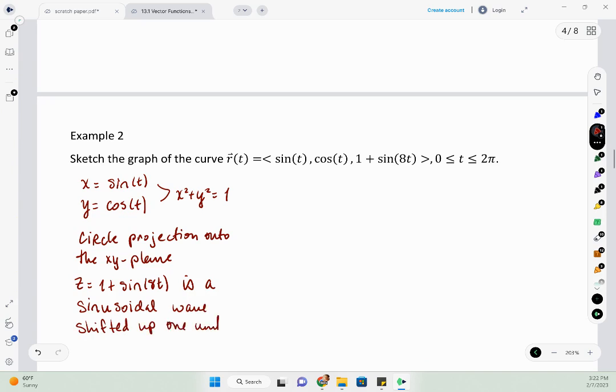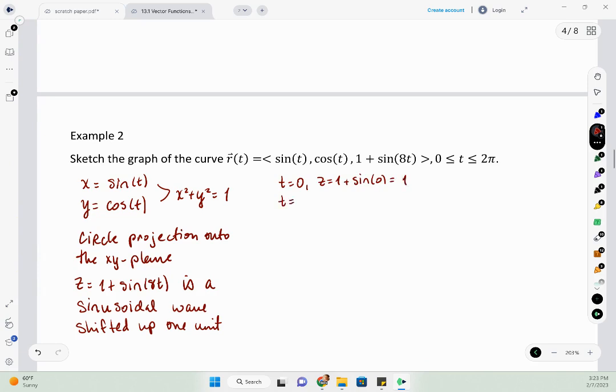I know that because of the plus 1 that's in there. So sine of 8t, we can think about what would that give us. When t is 0, z is going to equal 1 plus sine of 0, which is just going to be 1.